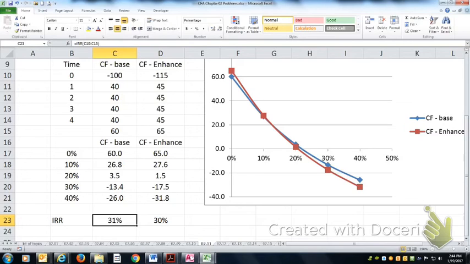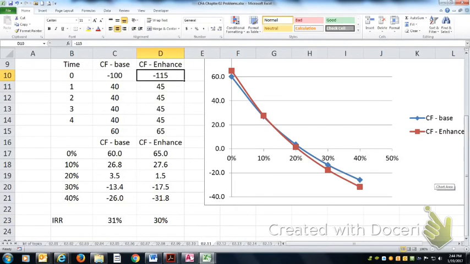The internal rate of return is the point at which these lines are intersecting the horizontal axis. The blue line intersects the horizontal axis at 31% required rate of return, and the red intersects it at 30%.